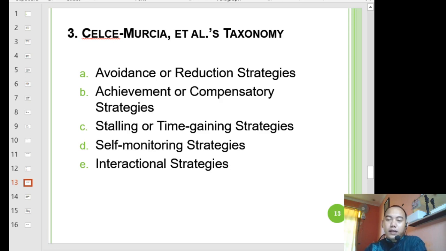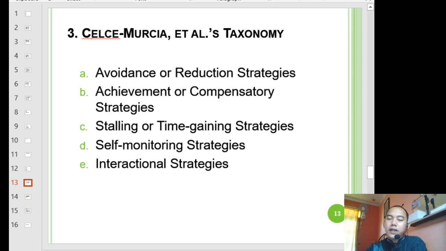And E. Interactional strategies. They are appeal for help, direct and indirect, meaning negotiation strategies, indicators of non-understanding or misunderstanding, the requests, repetition requests, clarification requests, confirmation requests, and then the expressions of non-understanding, verbal and non-verbal, and interpretive summary responses such as repetition, rephrasing, expansion, reduction, confirmation, rejection, and repair.